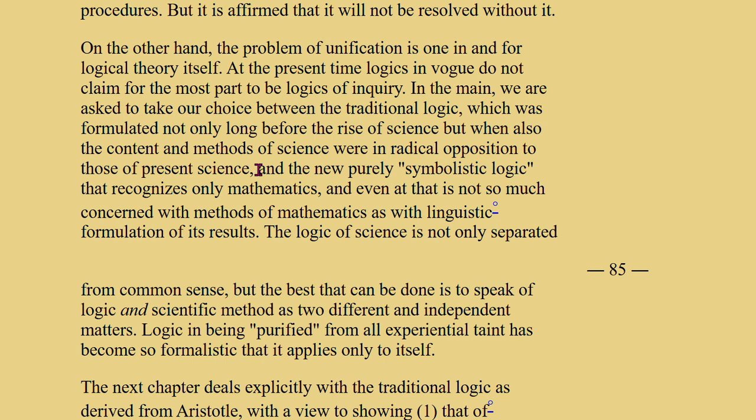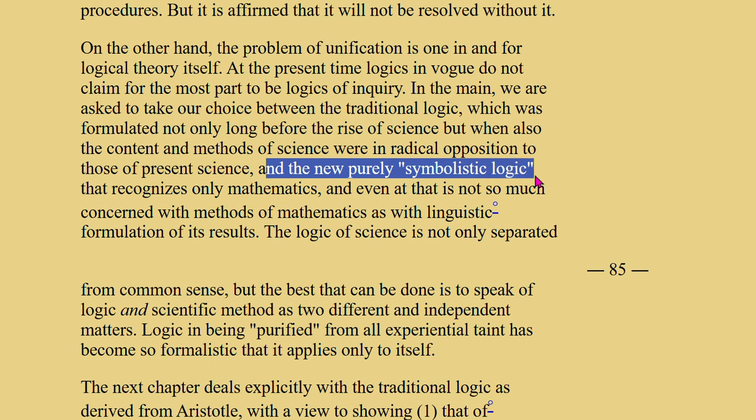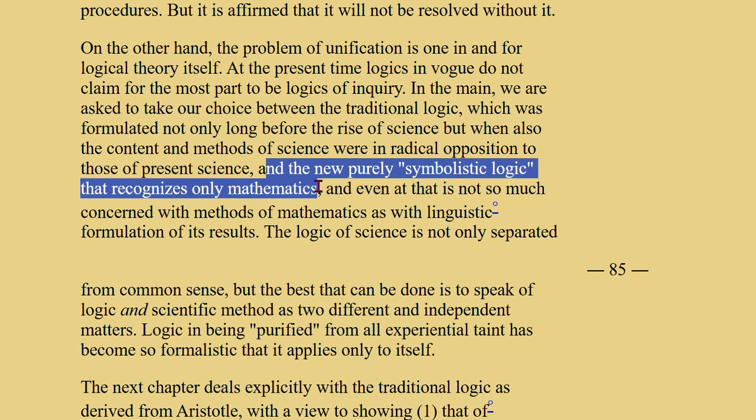The traditional logic that was formulated before modern science, and even in a way that is opposed to modern science. That's one kind of logic. And then you have the new purely symbolistic logic that recognizes only mathematics, and even at that is not so much concerned with methods of mathematics as with linguistic formulation of its results.